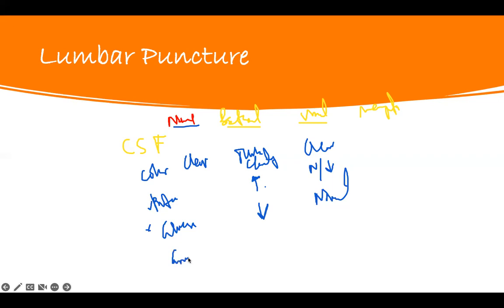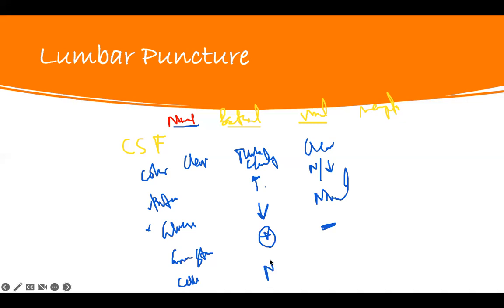If you do a gram stain to see if there is infection, this is going to be positive for bacteria. Gram stain is looking for bacteria, so it will not see a virus, so it will be negative. If you look at the cell count, what do you think you're going to see in bacteria?